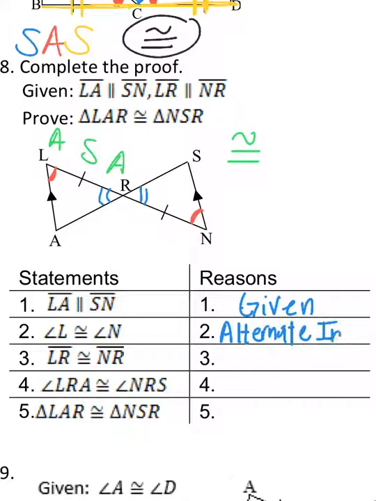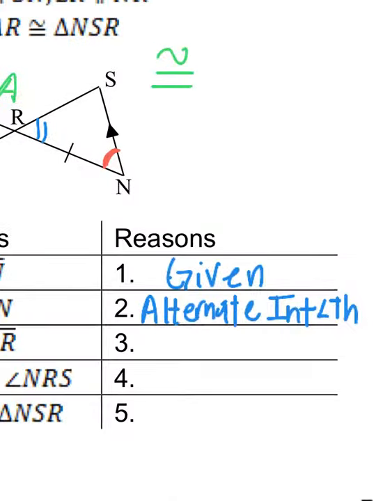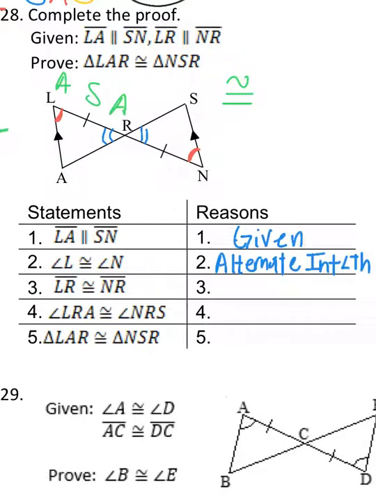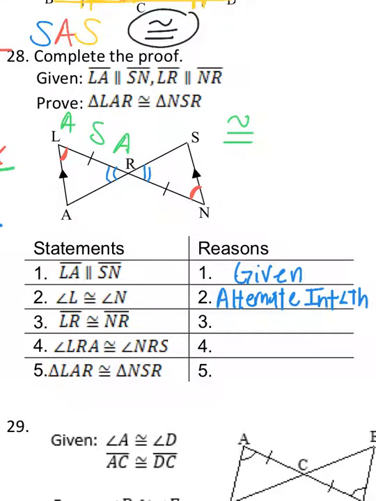So it's the alternate interior angles theorem. Okay, next we know that LR, which is a side, is congruent to NR because it was marked on the picture and it was given.